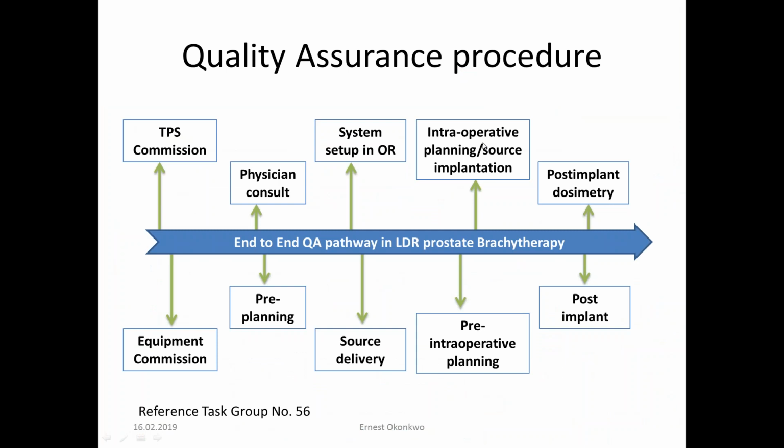So it's important to identify where things can go wrong and to verify them. Here I have an end-to-end quality assurance pathway in low dose rate prostate brachytherapy. Of course, I don't have all the points that one has to take into consideration here. This is just to give you an overview.